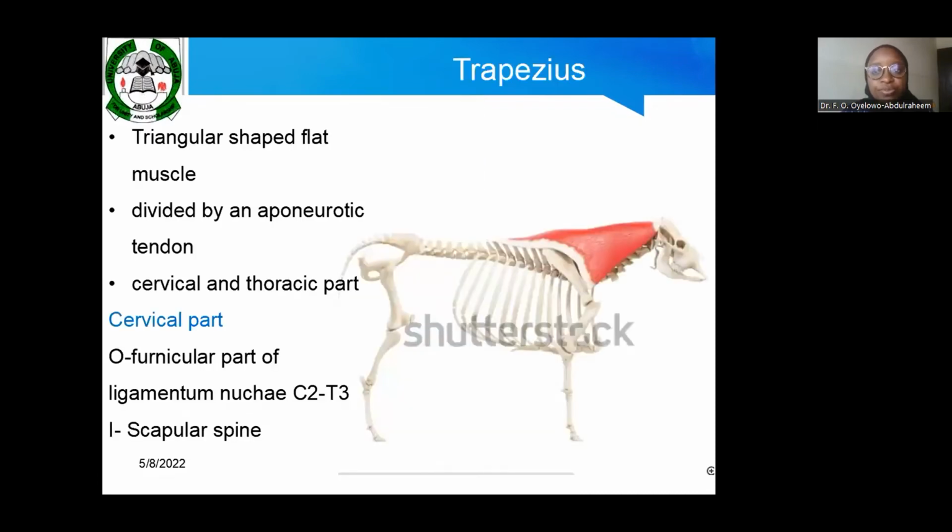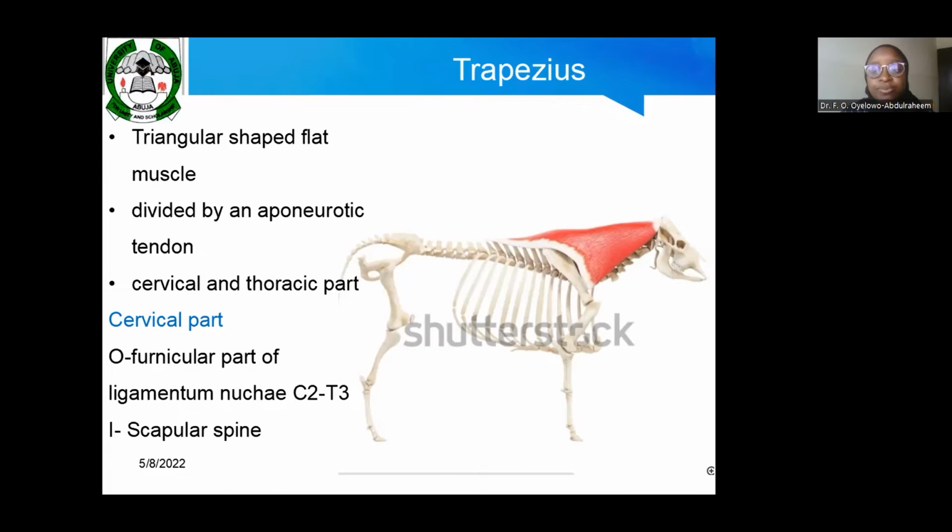Trapezius is the first muscle to be discussed. Trapezius is a triangular shaped muscle. It is flat and divided by an aponeurotic tendon into 2 parts. As you can see, this is a triangular muscle on the skeletal system of the bovine species.